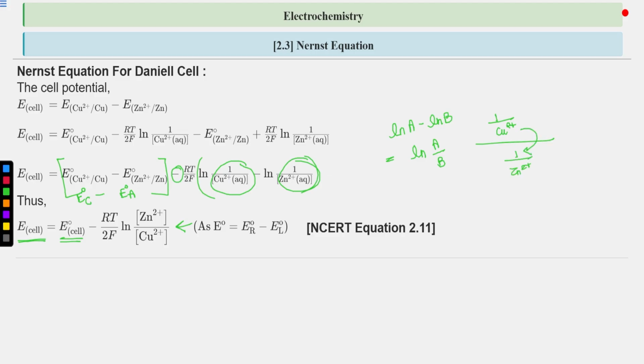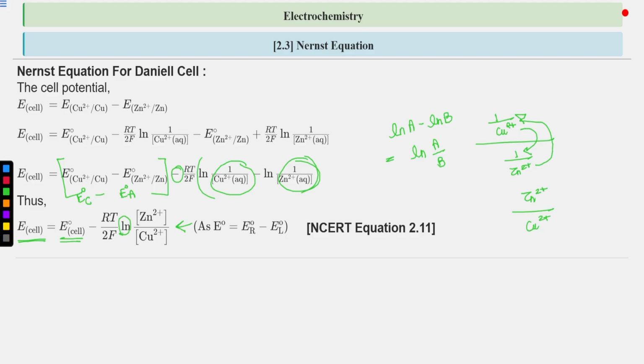This will go here and this will go in the numerator, so this will become zinc 2 positive upon copper 2 positive, as written here. So the cell potential finally will become equal to the standard potential of cell minus RT by 2F ln zinc 2 positive upon copper 2 positive.